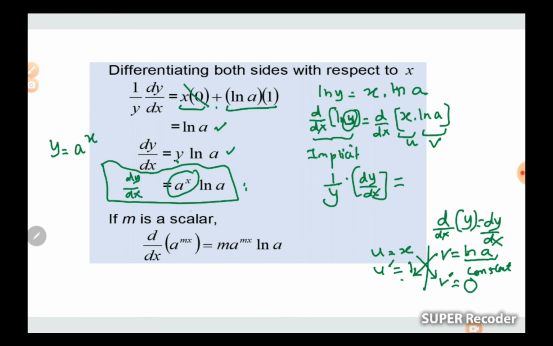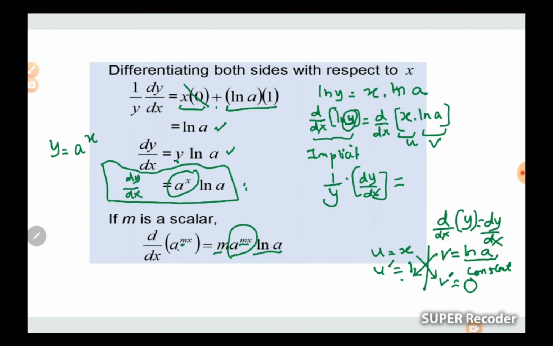What about if we have a scalar here? Differentiate a to the power of mx. We have a scalar m here. So the derivative of a to the power of mx is, you have to copy a to the power of mx, then differentiate mx. The answer is m. Then don't forget to multiply with ln a.